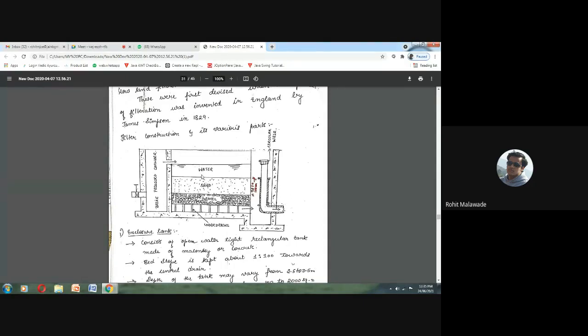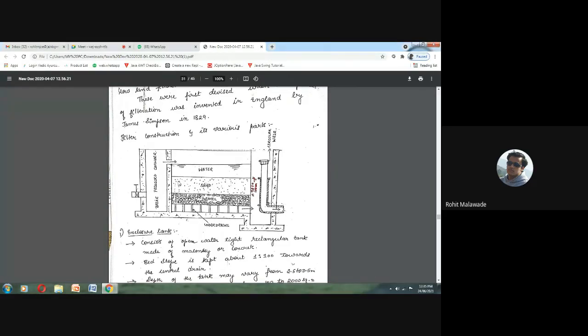Here we are going to get a layer of very fine suspended particles, and it may grow larvae and microorganisms, and your water will be polluted. So the main purpose of this filtration is to remove the finer suspended particles present in water. If we remove them, then our turbidity is going to be reduced.